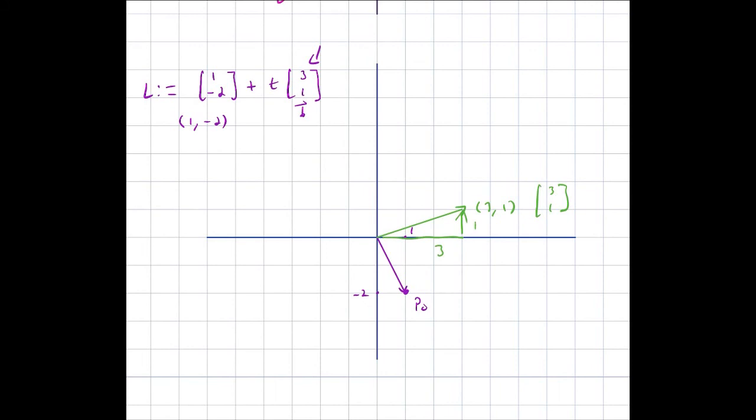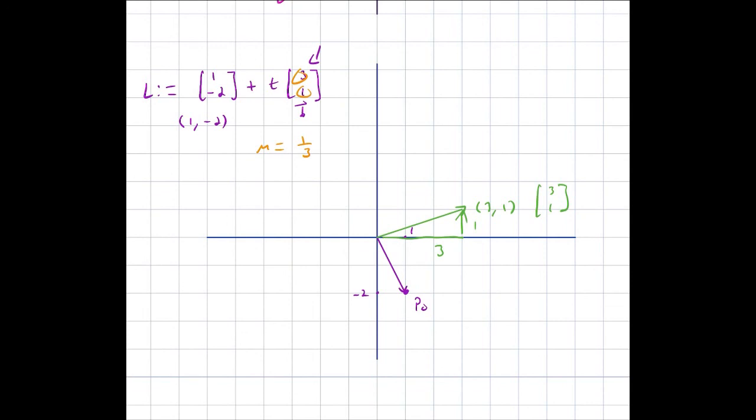I almost started to talk about the slope, and now it's a little bit easier to see how I got the slope. Before it was sort of abstract, talking about x zeros and y zeros and everything. Well, this thing goes over by 3, and it goes up by 1, so the slope is equal to 1 over 3. This is the rise over the run.